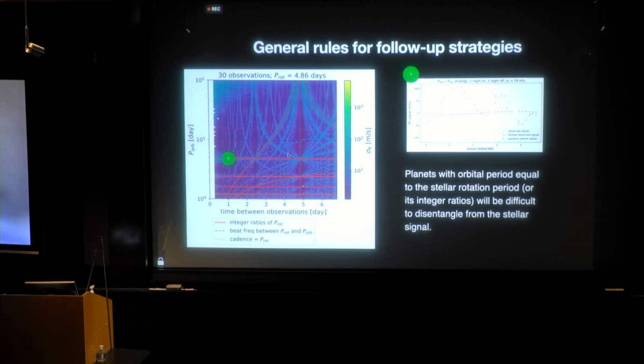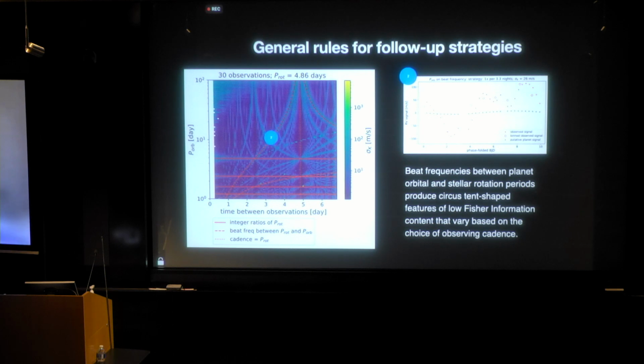So if you're on a horizontal line, then you're in for a bad time because you're observing every planet orbital period, and so you're just going to get the same spot each time. You don't have good phase coverage, and so this is one way that a strategy can be bad.